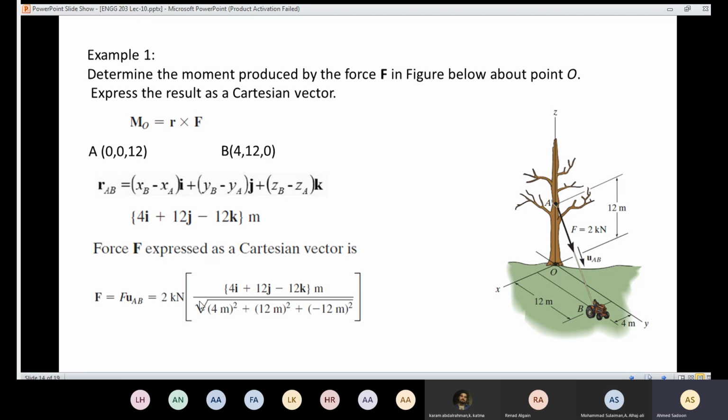We are going to divide it by its magnitude and then multiply it by the magnitude of the force, which is 2. If you simplify that formula, you are going to find out that the force is going to equal 0.4588i plus 1.376j minus 1.376k. And now we only got the value of F. Now, what about the value of R?